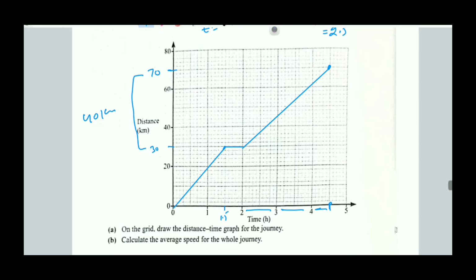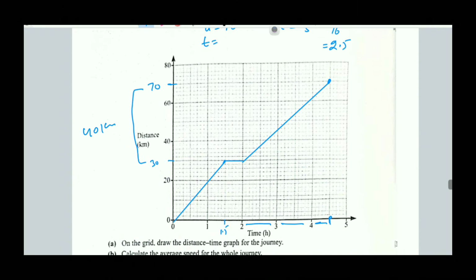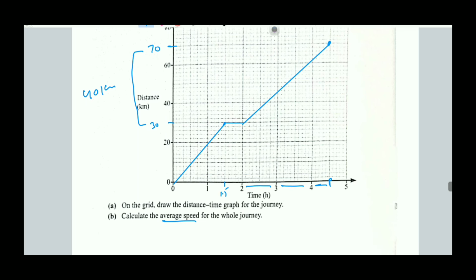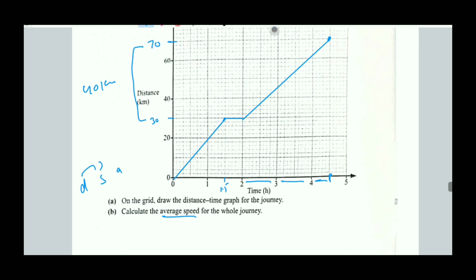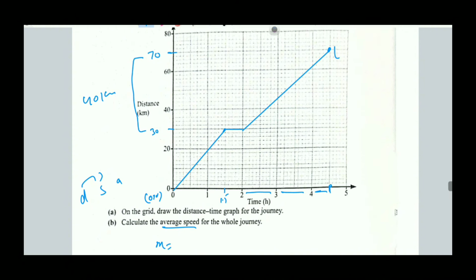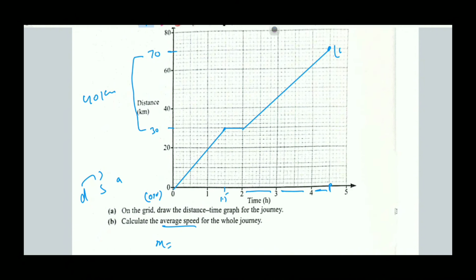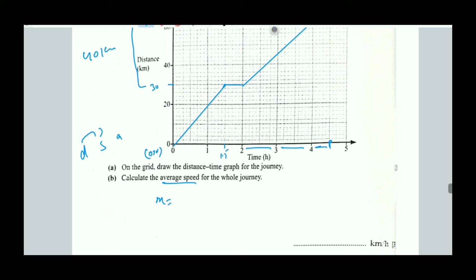Now read the second part. Calculate the average speed for the whole journey. So this is also very easy how you will find the average speed. From distance you have to find speed. So gradient is 0, 0, and this is 4.5 and 70.